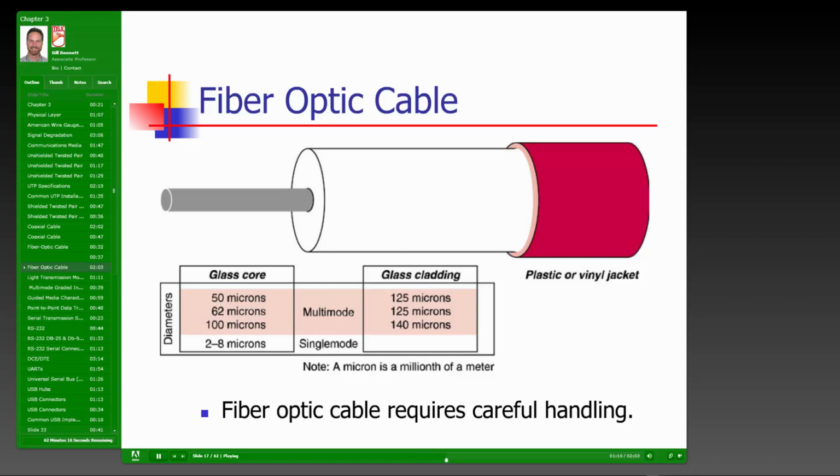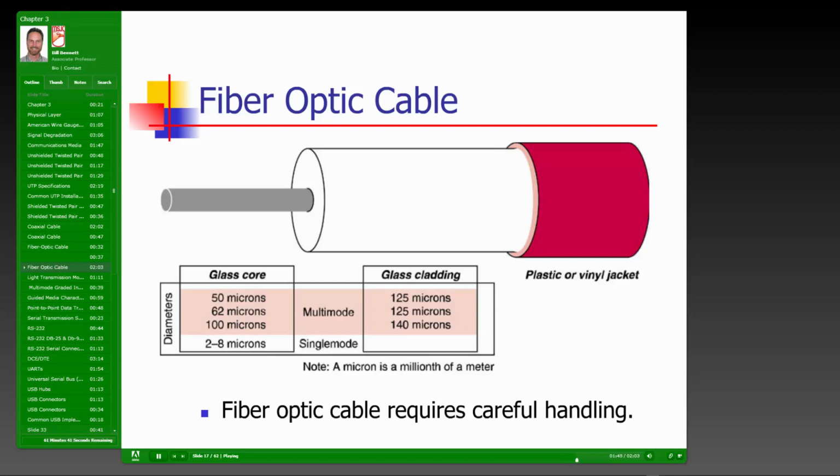Multi-mode is probably more common in most networks, and allows us to basically connect devices to switches within a local area network, and single mode usually is so that we can travel greater distances, again between rooms or between buildings. And I think I failed to mention that, of course, outside of the glass cladding there is again a plastic or a vinyl jacket, very much the same as we see in the UTP and STP cabling.